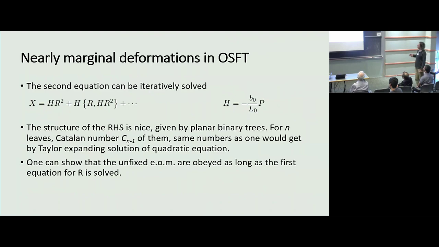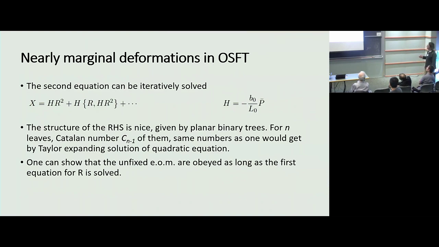So essentially, everything that could appear appears here, described by these planar binary trees. The H plays the role of a propagator. Then we have R squared, the Witten vertex. And then we can use all sorts of bracketings. The number of bracketings is also given by Catalan numbers. So everything is under very simple control.